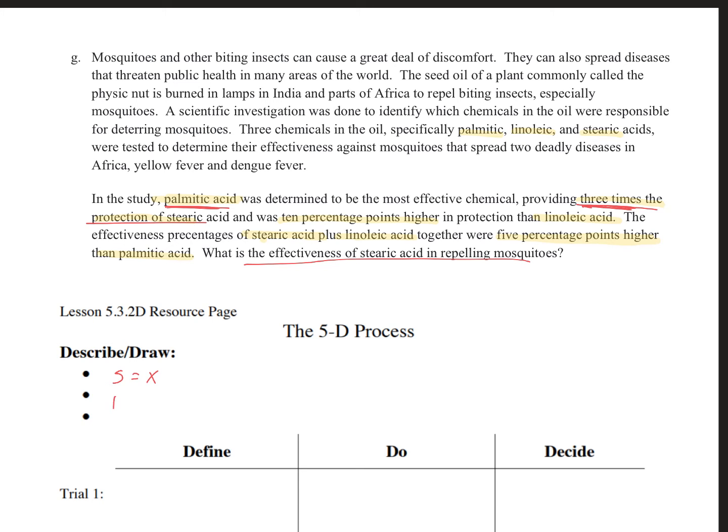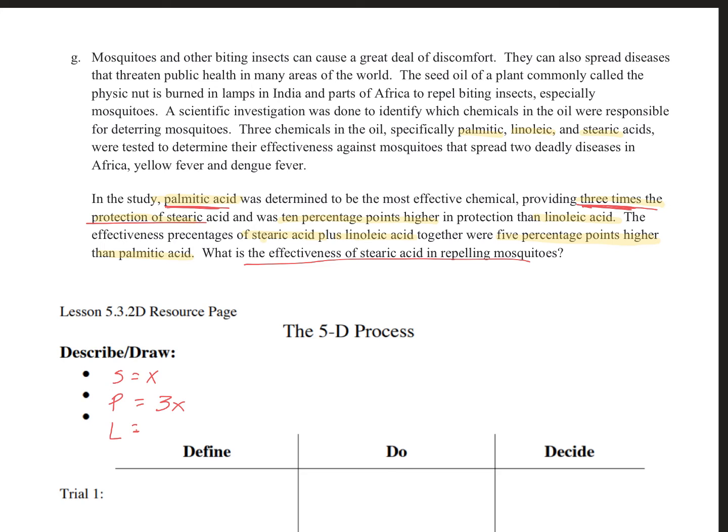Hopefully by now we've gotten the hang of this: 3 times is multiplication, so it's going to be 3 times X. The other unknown in this problem is the effectiveness of linoleic acid, so I'm going to call linoleic acid L. But there's a few more steps you need to take to figure out what expression L is going to be equal to.